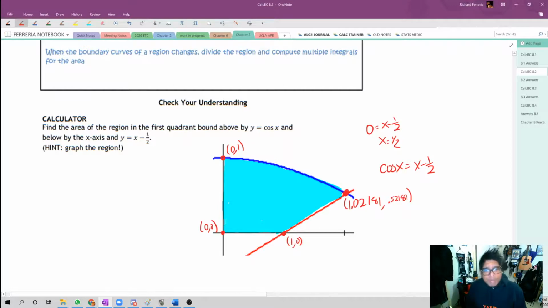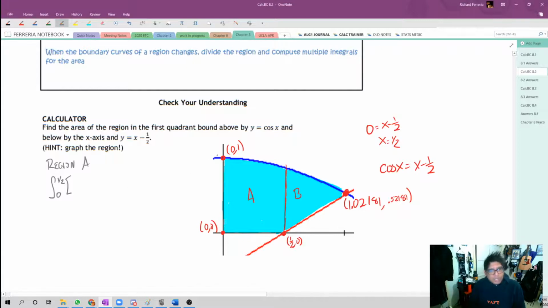Now we're going to divide this into subregions. We'll call this region here region A, and we'll call this region B. And I think I got this wrong. This was 1/2. Okay, let's now figure out the area of region A. The area is the integral from 0 to 1/2.